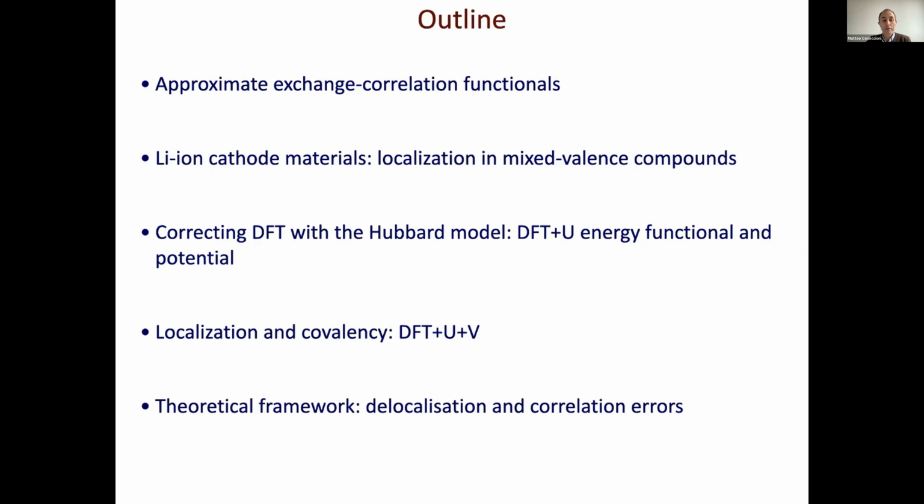And finally, I will discuss some theoretical framework of all this, which will help us to understand where these Hubbard corrections stand in the general framework that was also well illustrated yesterday by both Professor Marzari and Kronik.